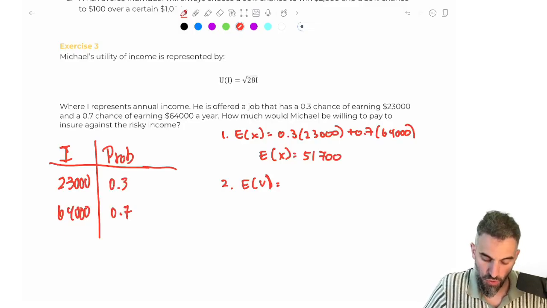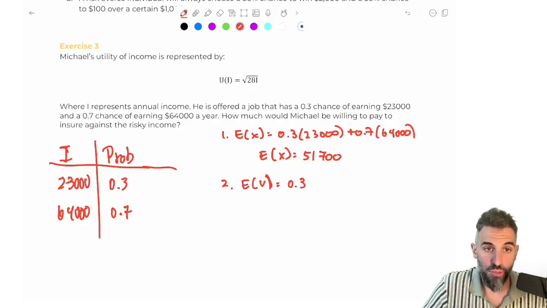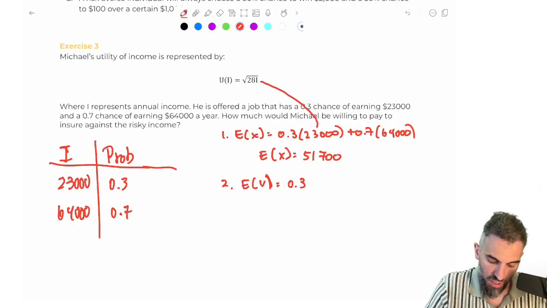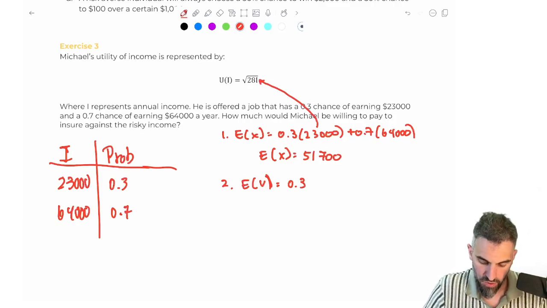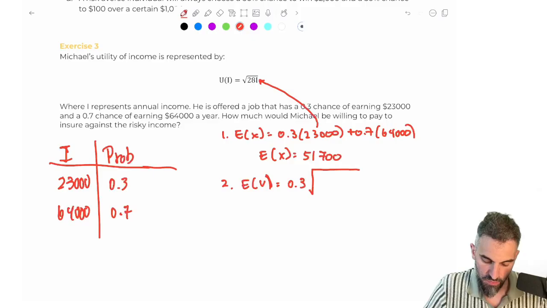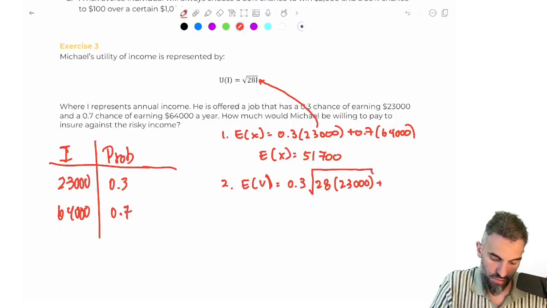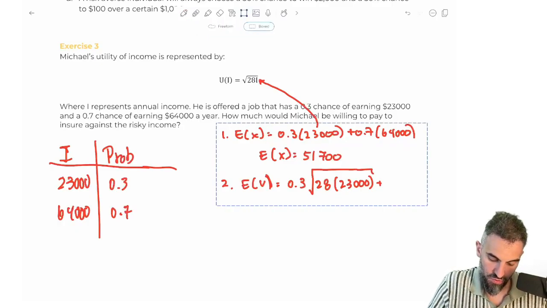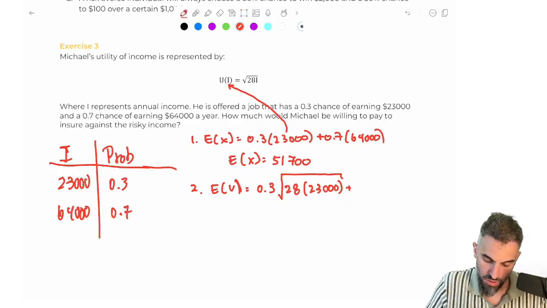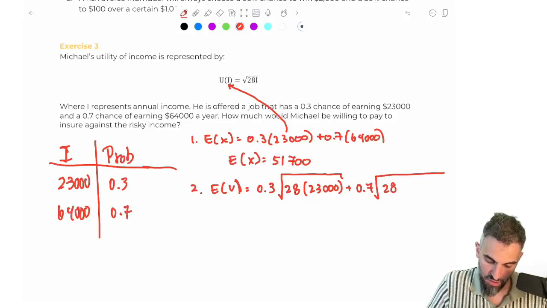Step two, calculate the expected utility. I showed you how to do this before, I'll show you again. You're still doing an expected value, so 30%, but instead of just multiplying it by the income, you're going to plug the income into the utility curve. This is the utility function. So this becomes times the square root of 28 times 23,000, and then the next one would be 70% times the square root of 28 times 64,000.